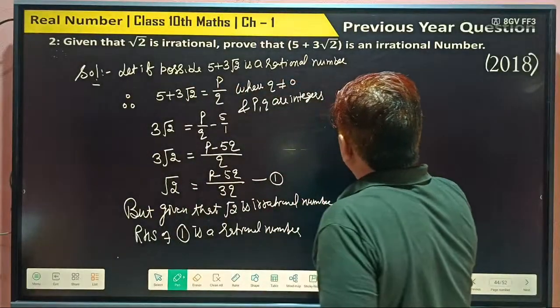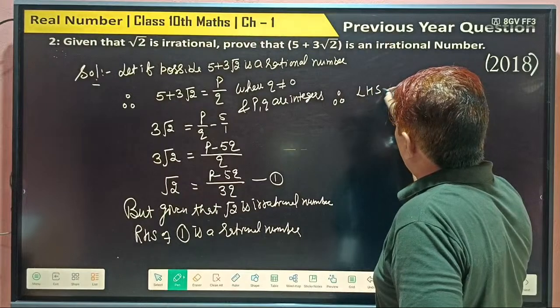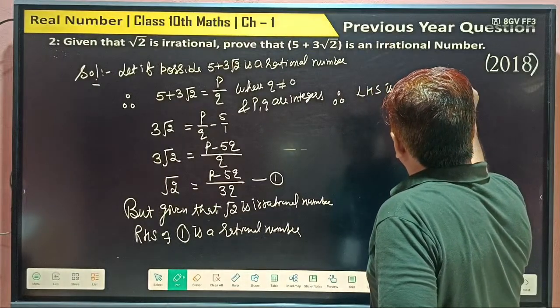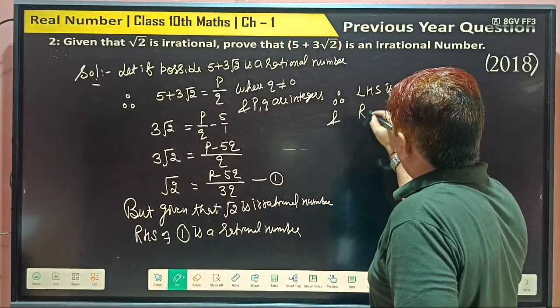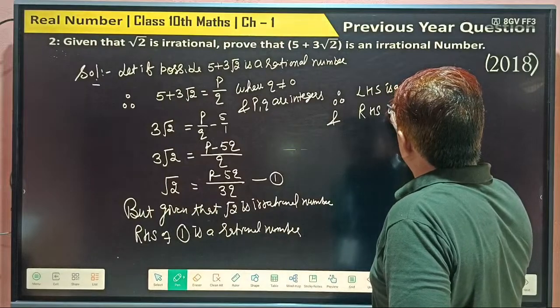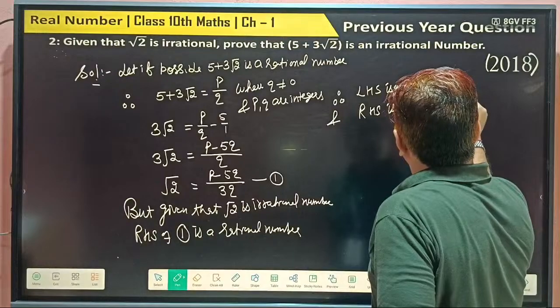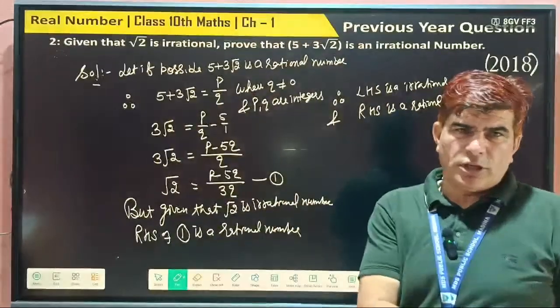Therefore, LHS is an irrational number and RHS is a rational number. Is it possible that rational is equal to irrational?